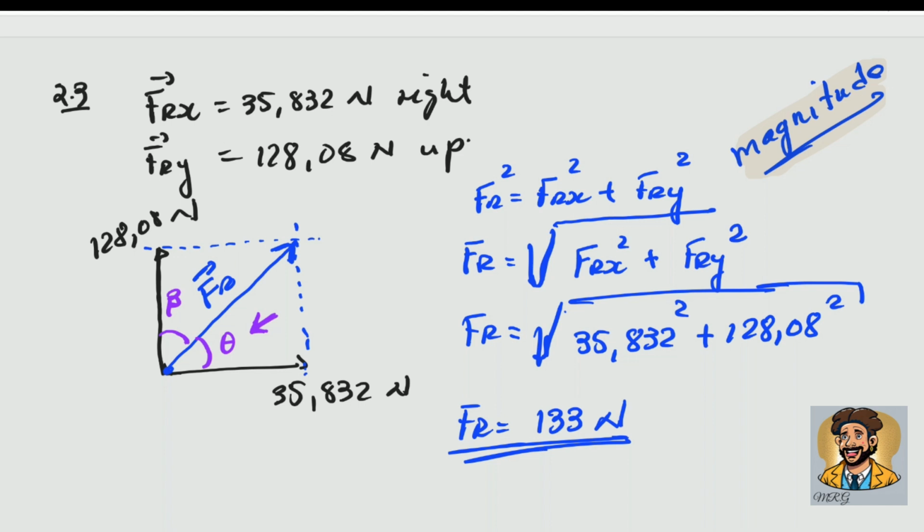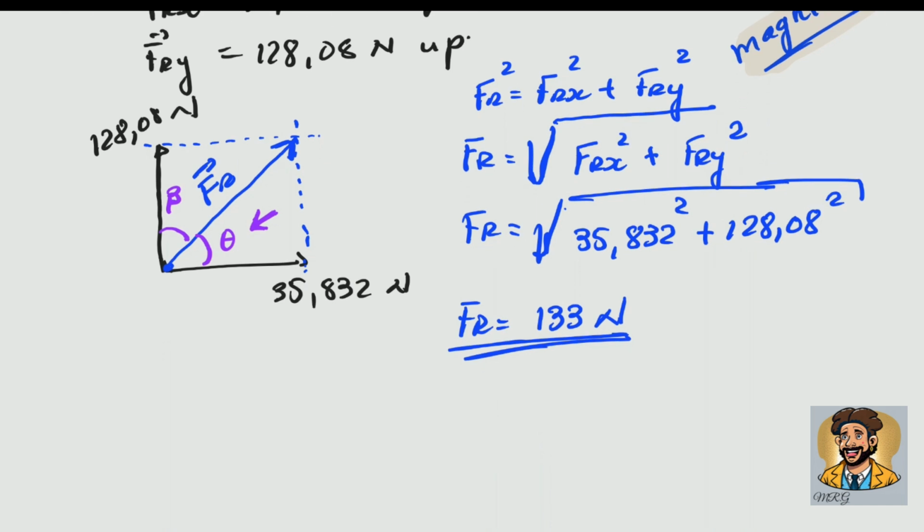So that is the option I'm going to use. For that option, you can see that the resultant force in x is the adjacent side, and the resultant force in y is the opposite side. So we can use tan of theta. Remember that tan of theta is equal to opposite side divided by adjacent side.